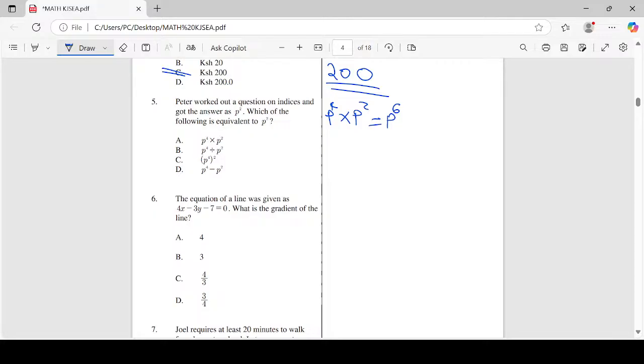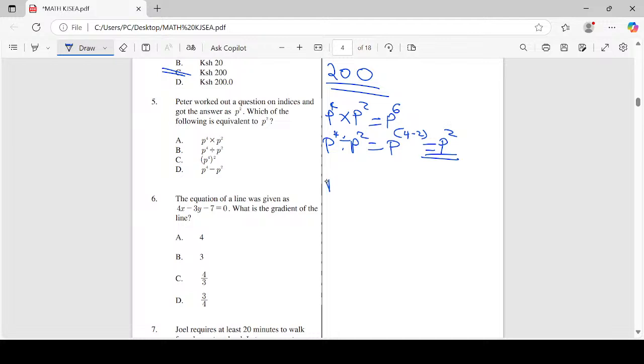The division law, dear learners, simply says when we have p power 4 divided by p power 2, because it's division, you are going to subtract the powers. When I subtract 4 minus 2, I'm going to get p squared, which I think is being given there. Then we have this one.